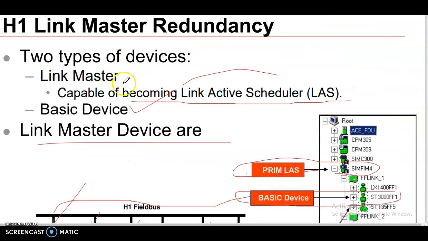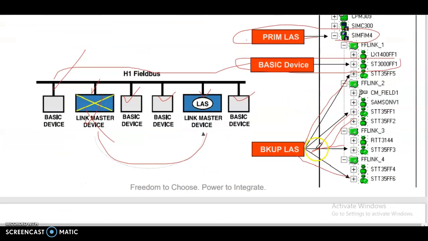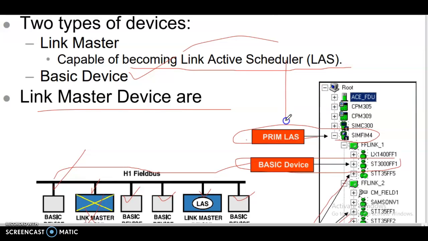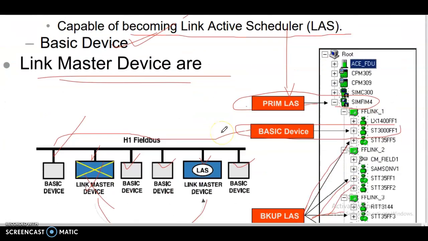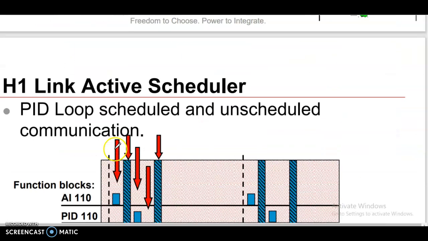Two types of devices: link master, capable of becoming the link active scheduler, this LAS, link active scheduler. Then basic device. Link master device, capable of becoming LAS, link active scheduler. You have to remember this.